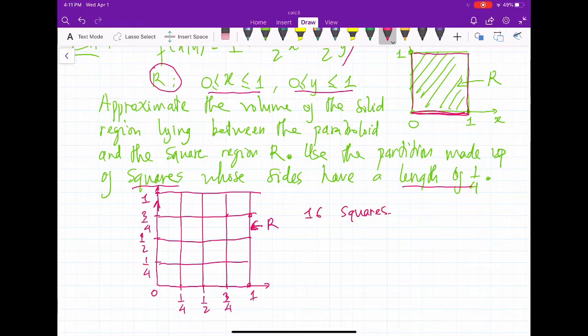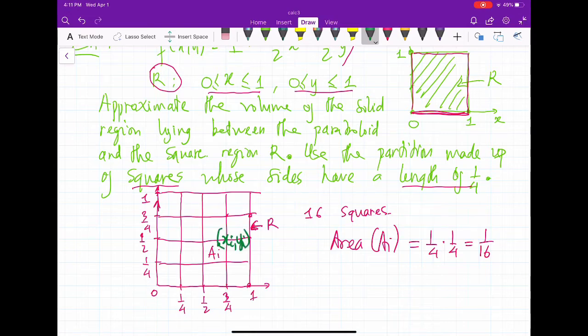So this is my ΔA_i, and the area of ΔA_i equals 1/4 times 1/4, which is 1/16. So all areas are the same. That is good. The problem is now we need to pick an arbitrary point, let's say (x_i, y_i).